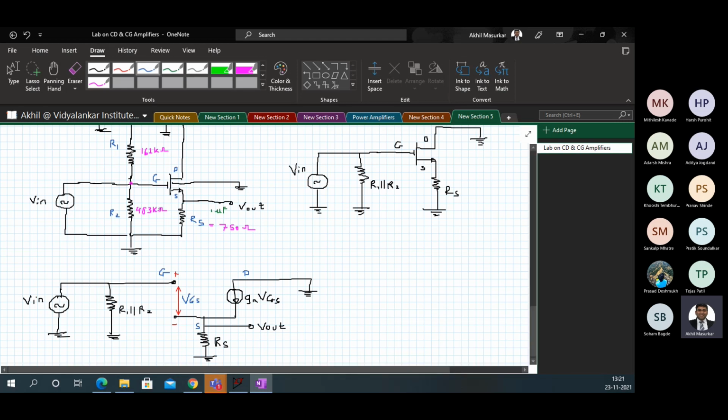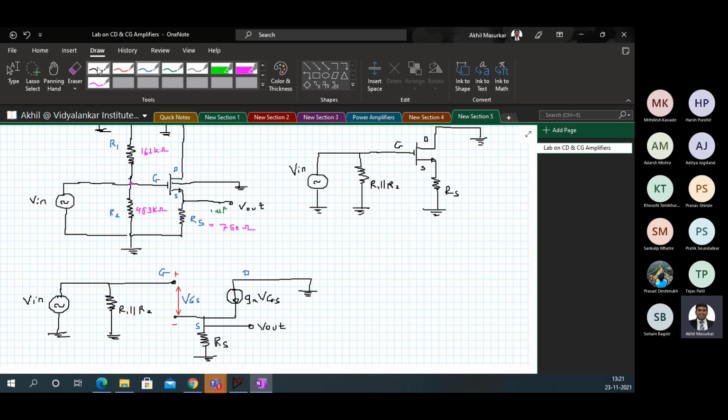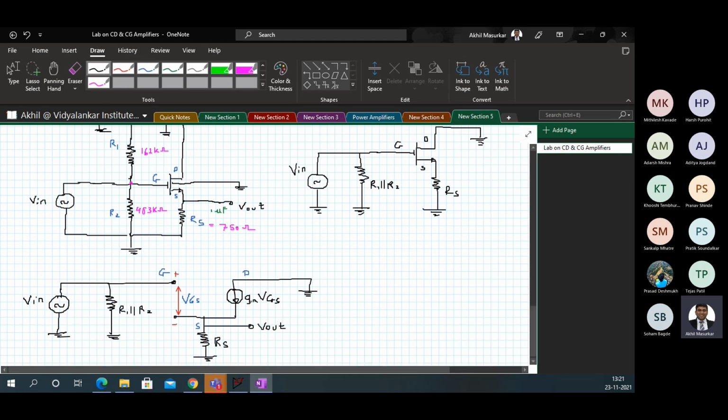Now some common observations you can make very easily: this drain current GM VGS is also flowing through RS. If you look at Vin, it is the voltage across gate and ground.